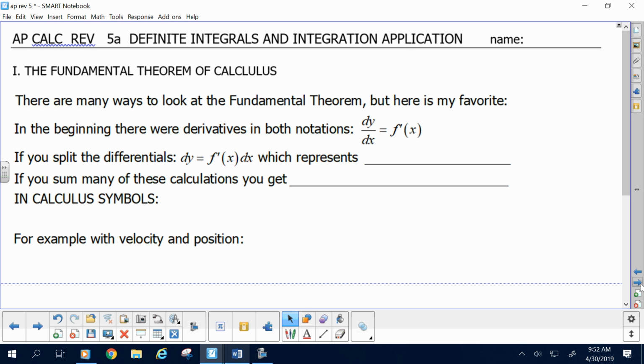All right, let's go to definite integrals and integration application, which is yellow. Wait, when is this? Let's do it today. Isn't this blue to do today? You just gave that to me. You guys got this Friday, yeah? And I believe I said no matter what, if you're dead, you're going to turn it in Tuesday. What? Really? Yeah. Wait, how was I supposed to give you something? Why did I say that? I don't know.